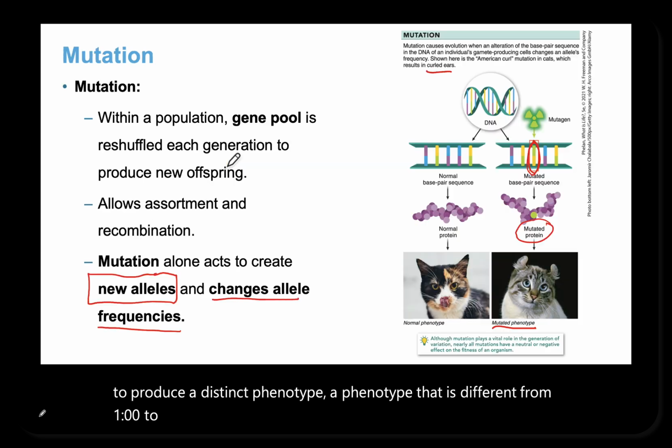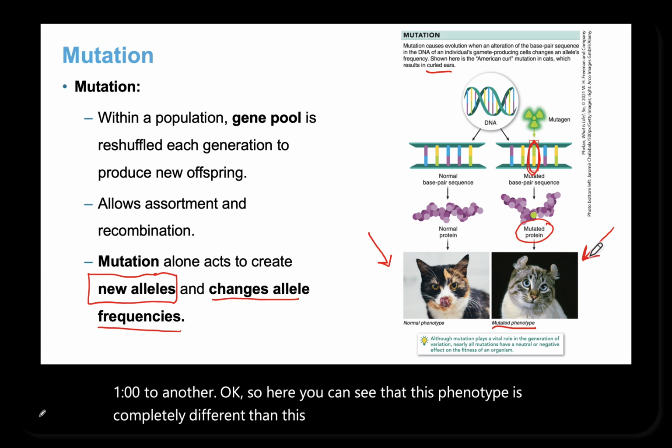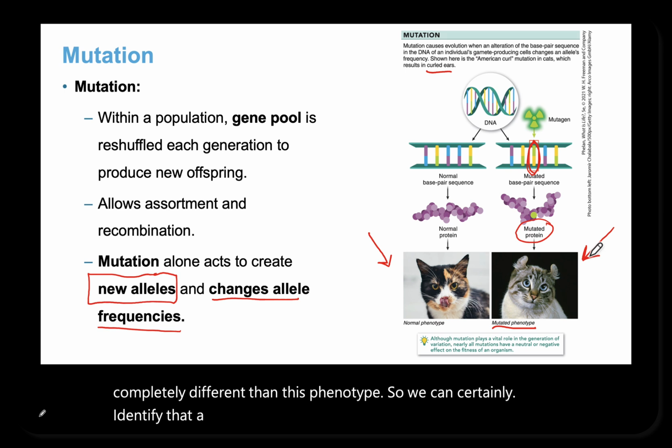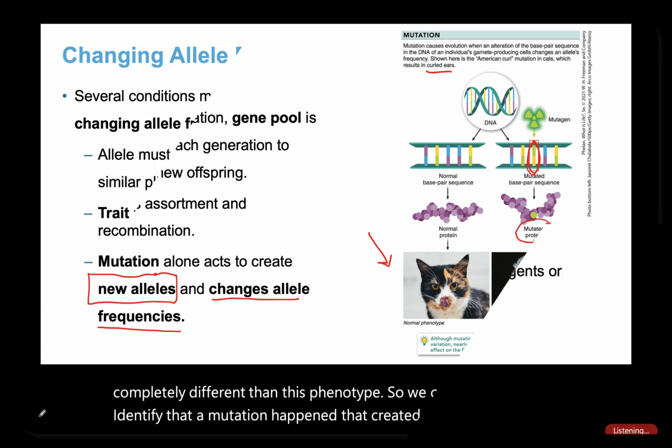Okay? So here you can see that this phenotype is completely different than this phenotype. So we can certainly identify that a mutation happened that created this second mutated phenotype.